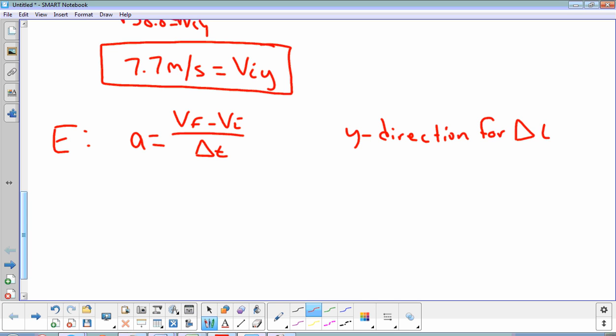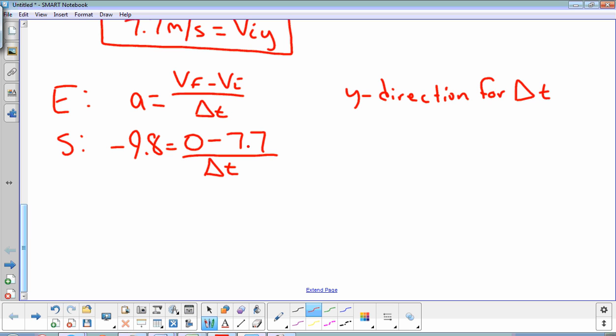A in the Y direction is negative 9.8. That's going to equal my V final, which we said was 0, minus the V initial in the Y direction, which was 7.7. We just calculated it. All divided by delta T.